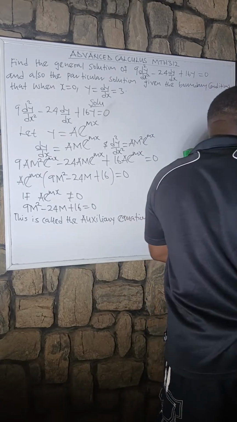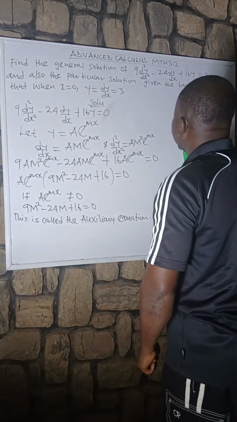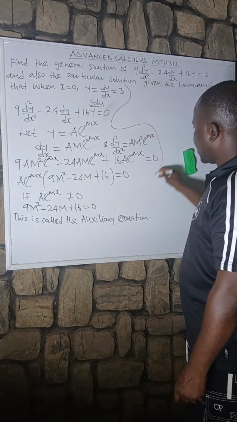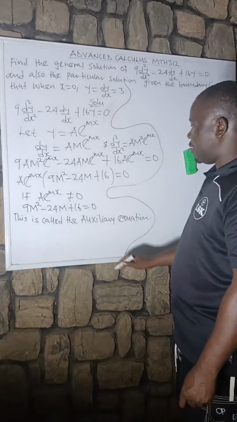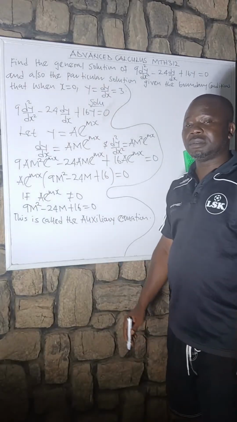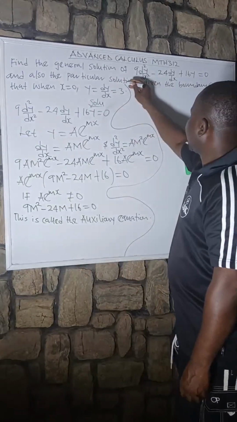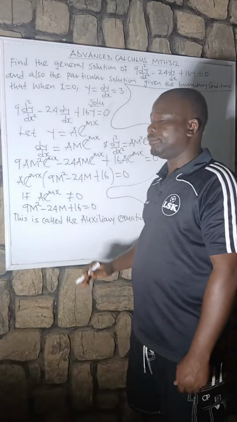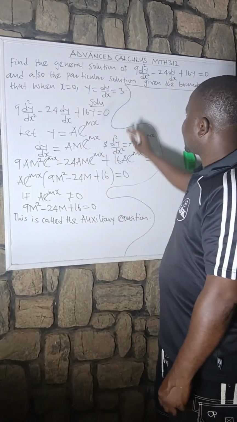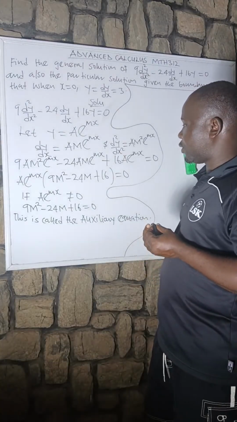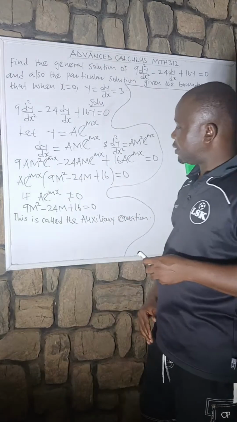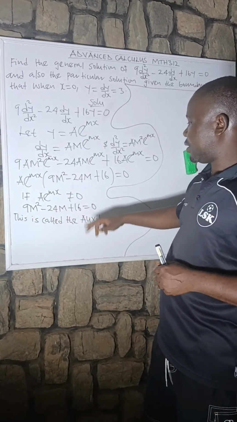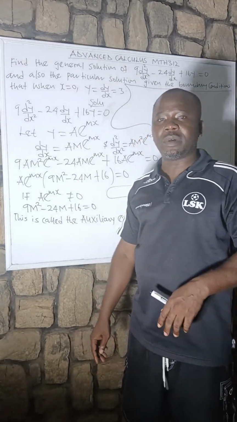Yeah, let's proceed. Okay. All these things we are doing, we are looking for the general solution. It is from the general solution that we can find our particular solution using the boundary conditions. Is that clear? So let's look at it together. How can we solve this auxiliary equation to obtain our m1 and m2?